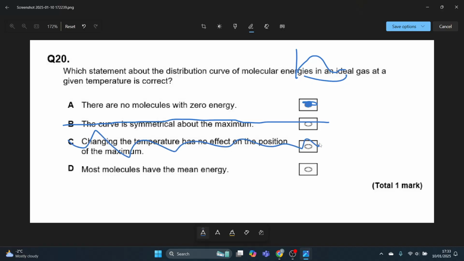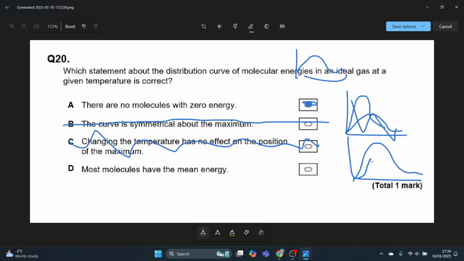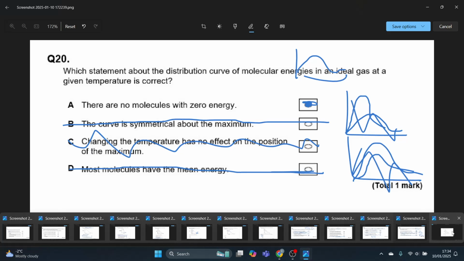No, because if you've got your normal Maxwell-Boltzmann curve and you increase the temperature, it is going to change the position of the maximum. Most molecules have the mean energy. No, most molecules have the most probable energy. So the answer is A.